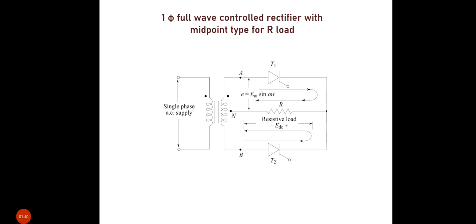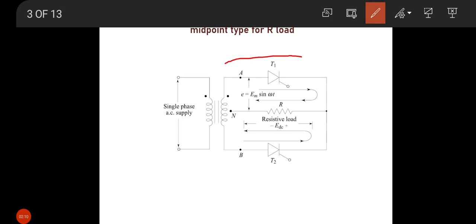During this cycle, terminal A is more positive with respect to terminal B. When a gate signal is given to thyristor T1, it starts conducting and the load current follows the path A, T1, R load and N.